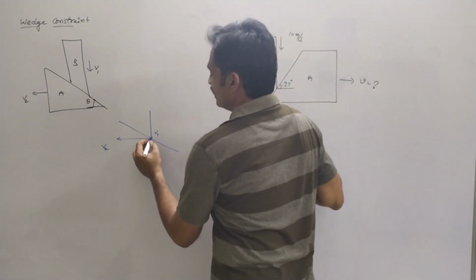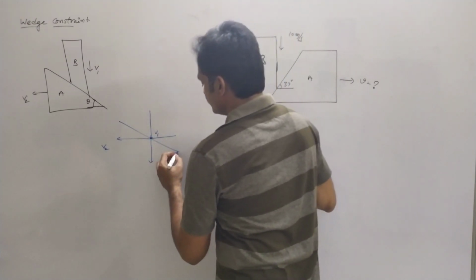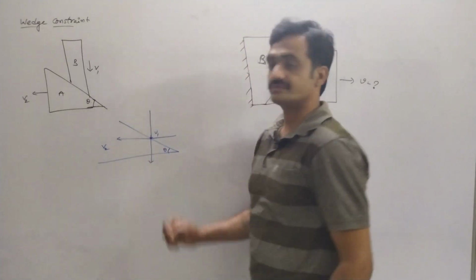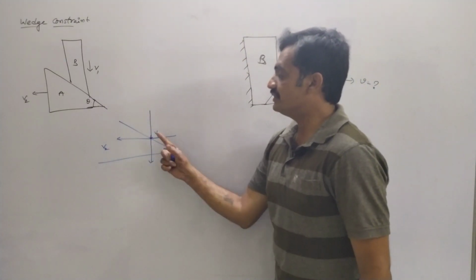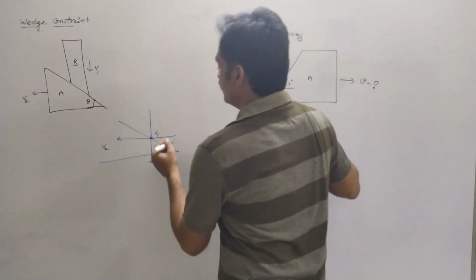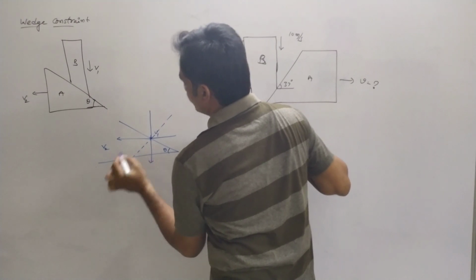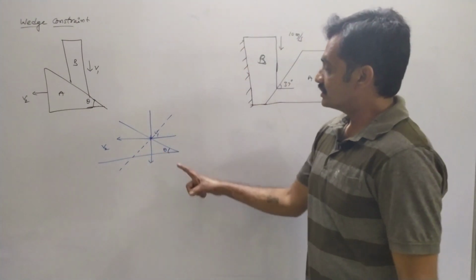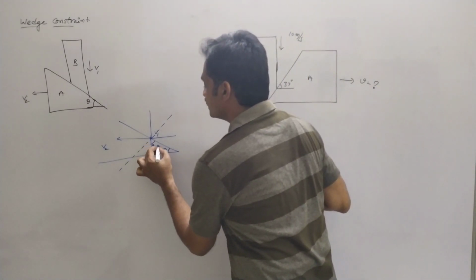So here we can extend this line like this, whereas since the wedge A makes an angle of theta, observe that the velocities V1 and V2 are different, whereas along the perpendicular line, their velocity should be equal. So here as we have theta, here we have 90 minus theta.